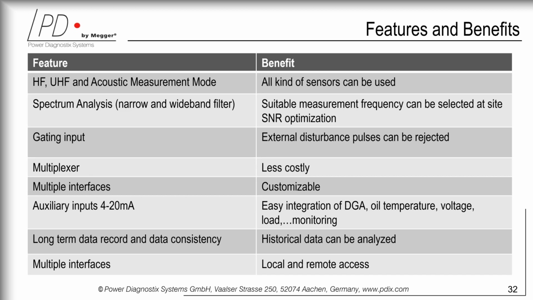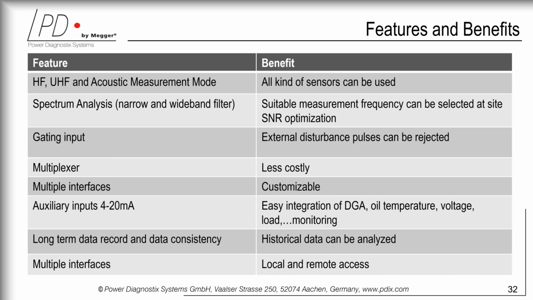The spectrum analysis is a suitable measuring frequency that can be selected at site via signal-to-noise ratio optimization. The gating input is used to reject external disturbances. You've seen that external antenna. This is a typical way of doing gating.